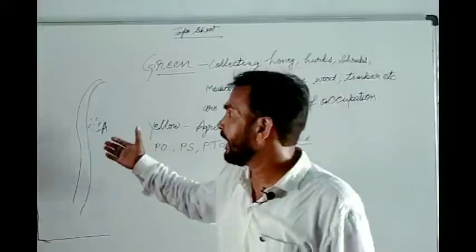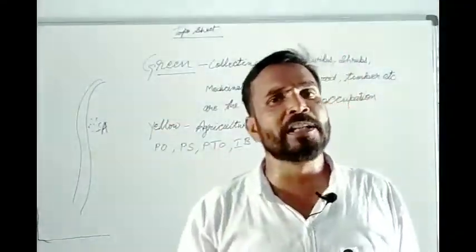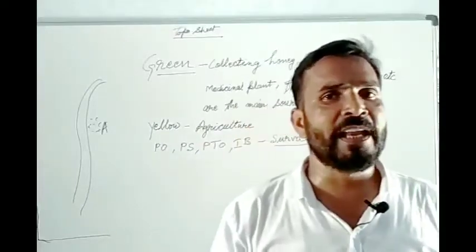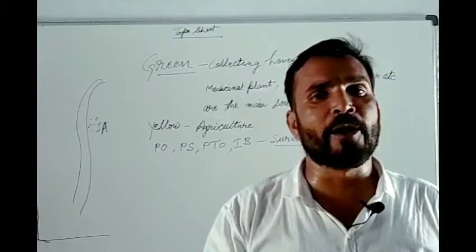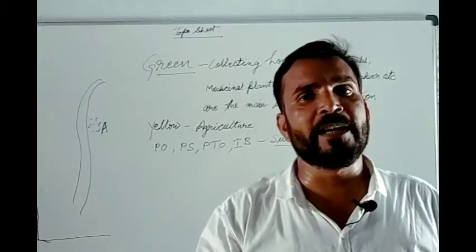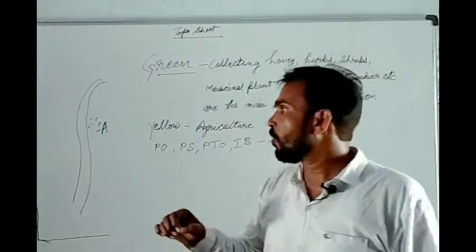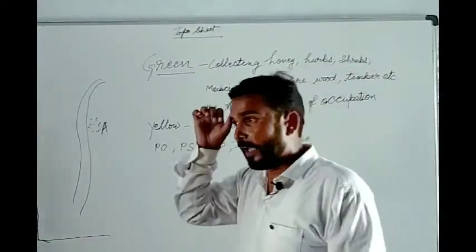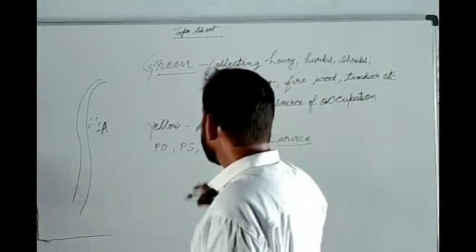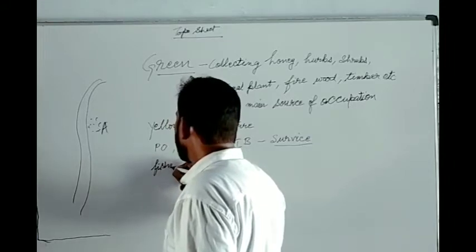So similarly here also, if any place is located on a river bank, and the examiner is asking about the occupation of that particular place, then you have to remember that its occupation will be fishing, fisheries. Okay, so fishing will be another occupation, fishing.